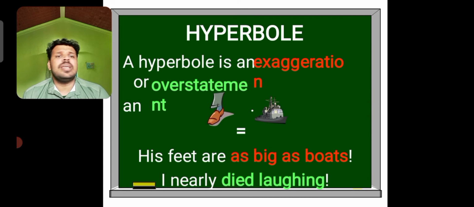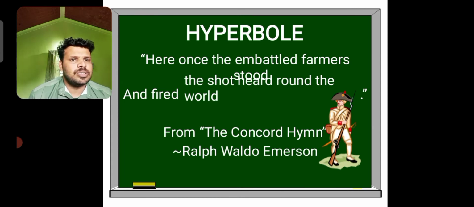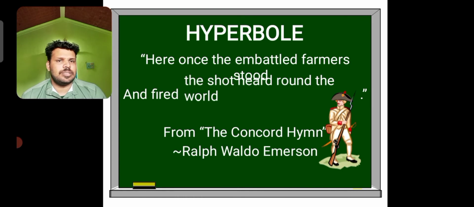These two are typical examples of hyperbole. There is one more example. Here once the embattled farmers stood, and fired the shot heard round the world. These are lines from the Concord Hymn by Ralph Waldo Emerson. This is also a typical example of hyperbole.